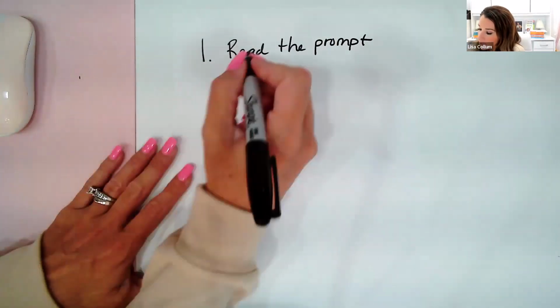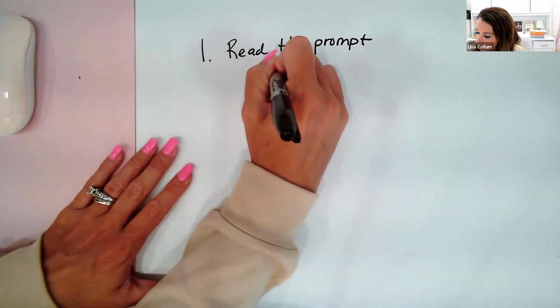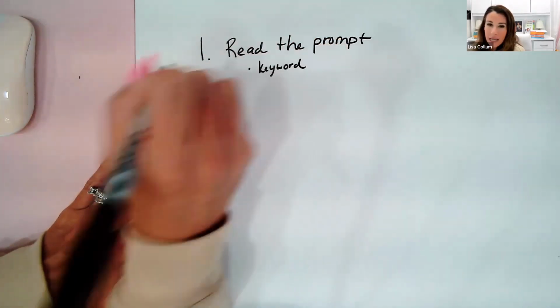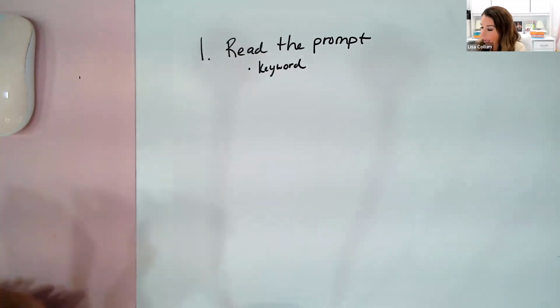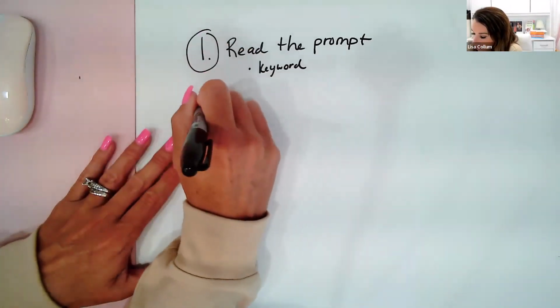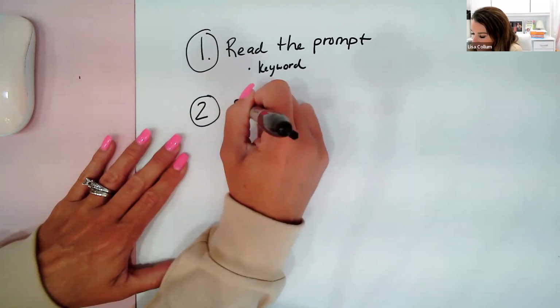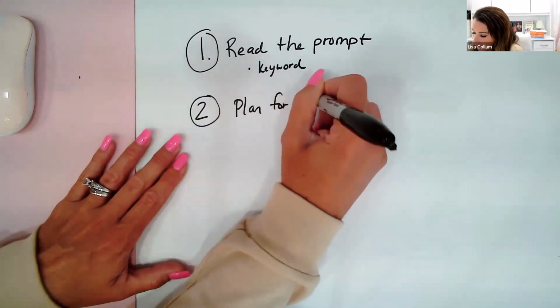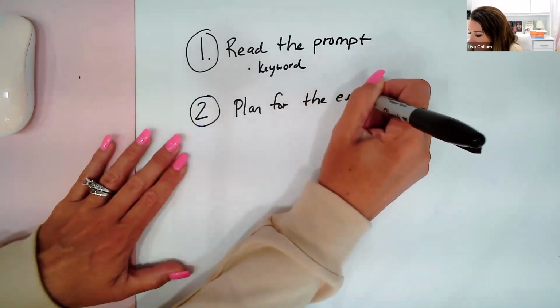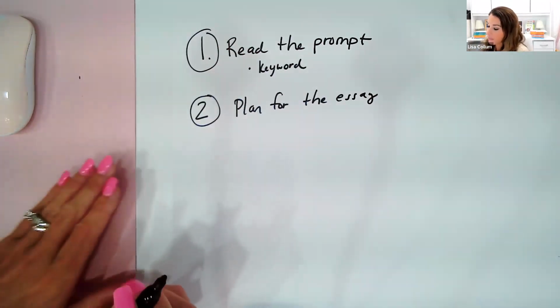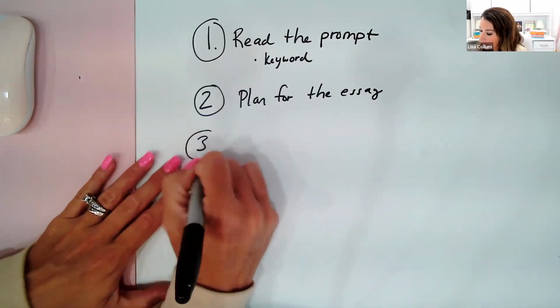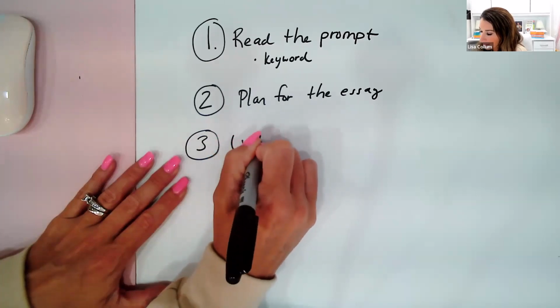You're going to read the prompt and you're going to identify the keyword and then decide what type of essay it is. After step 1, step 2 is you're going to plan for the essay. You have to plan for the essay before you write. You can't start writing without planning. You're going to see why in a few minutes. And step 3 is you write the essay.